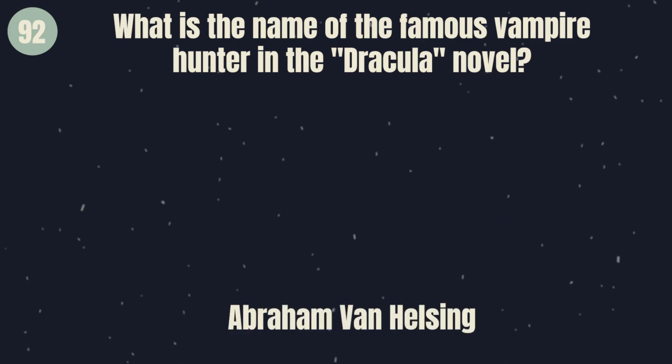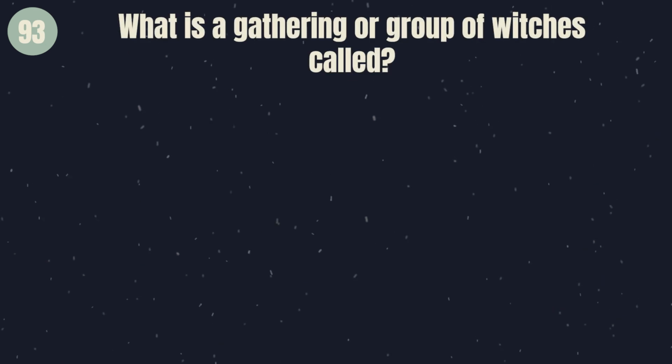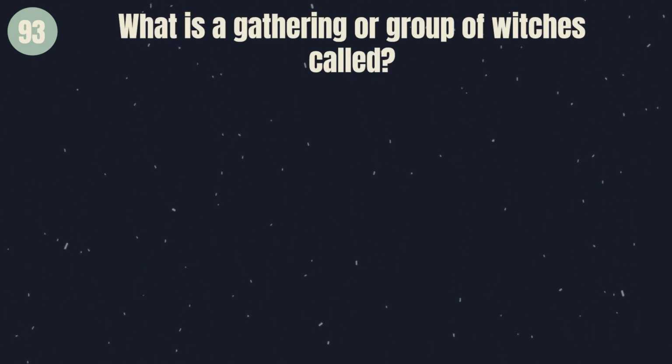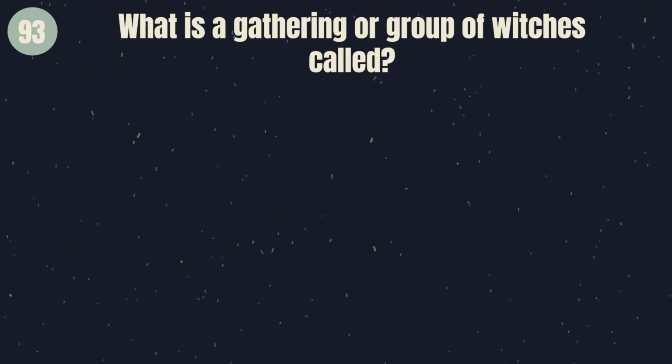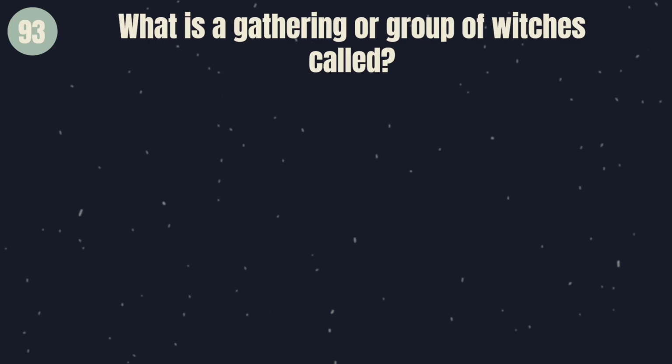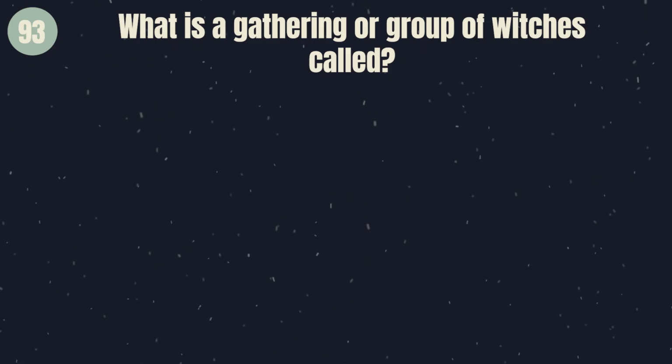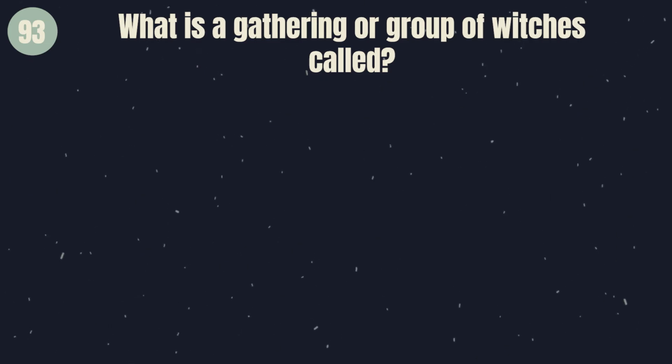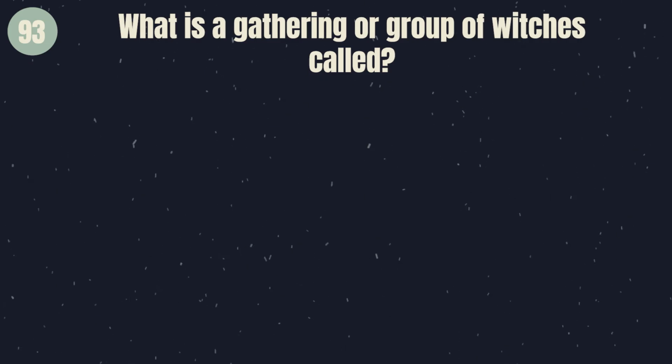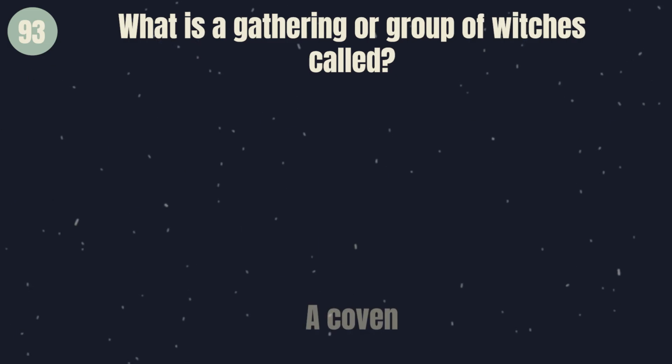Abraham Van Helsing. What is a gathering or group of witches called? A coven.